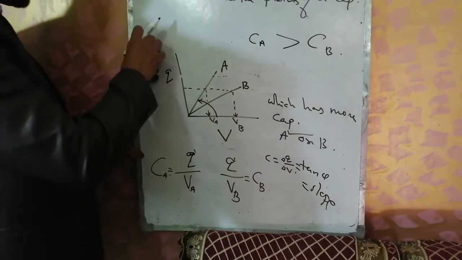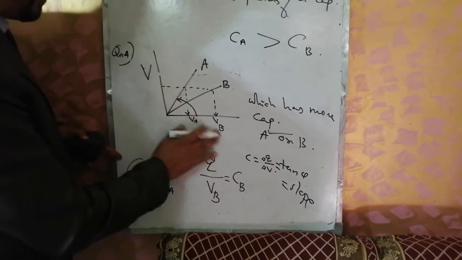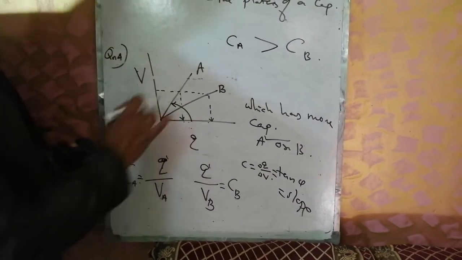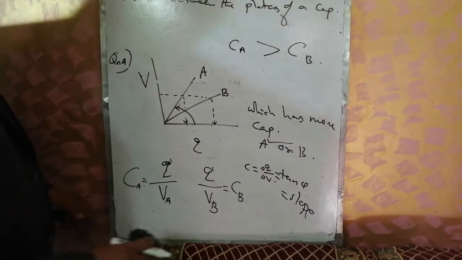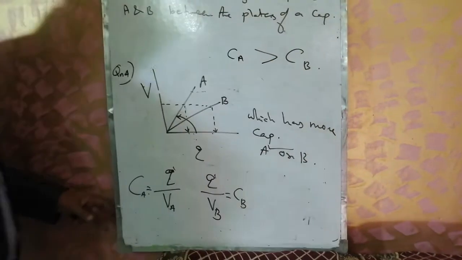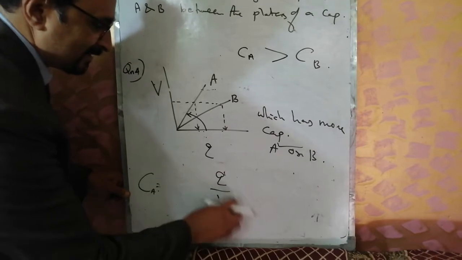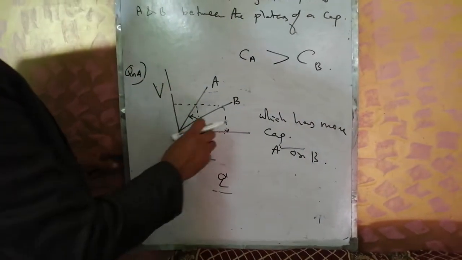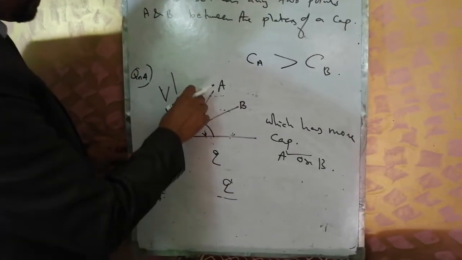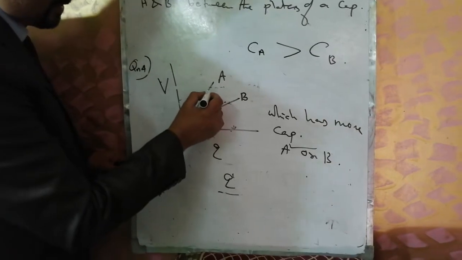Now I am going to change the question. This is a V-Q graph. Which has more capacitance, A or B? Now here you see, this is just opposite to the previous. Here, for same Q, check the variation of the voltage.